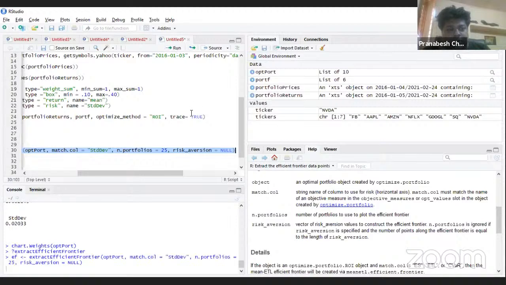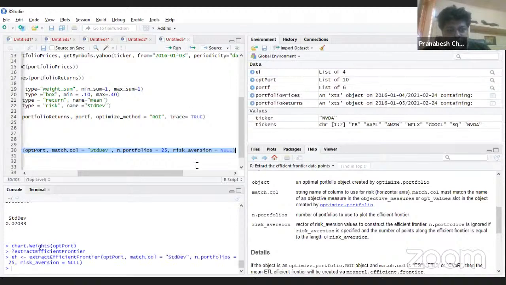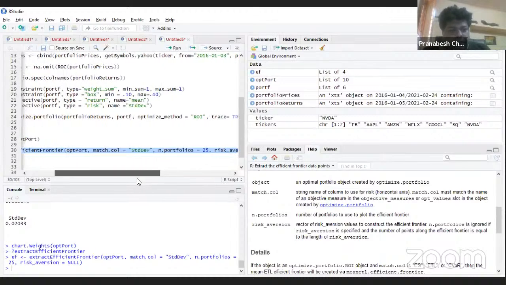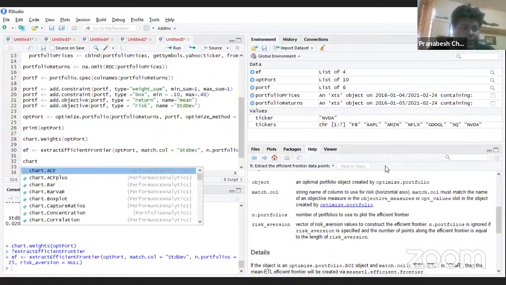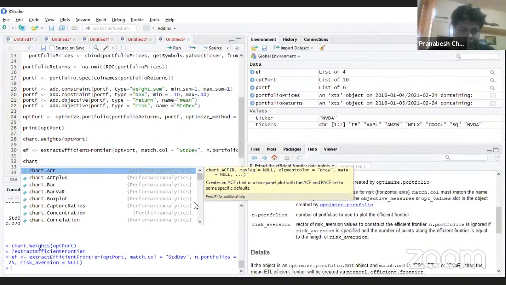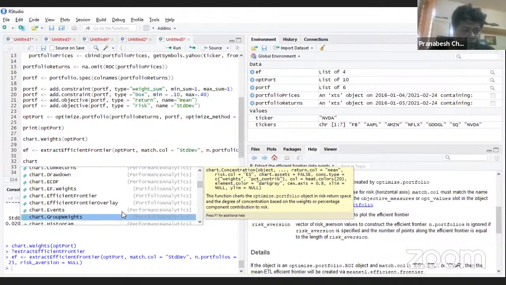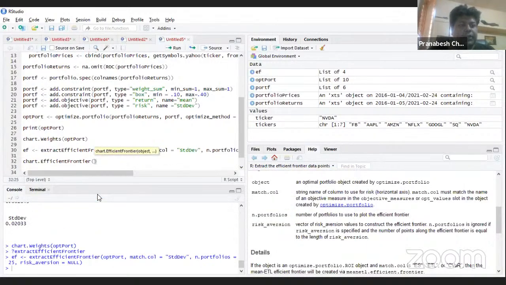Now let's draw this. I think it has been done. Now let's chart it out. In order to chart it out, we have to give some parameters. Let's create our chart.efficient frontier.